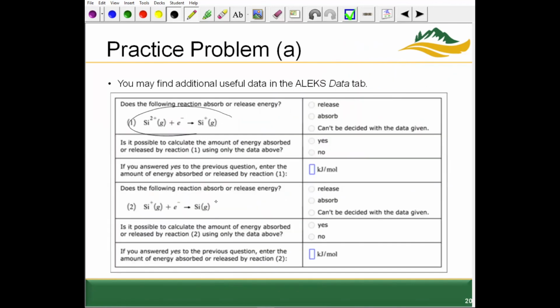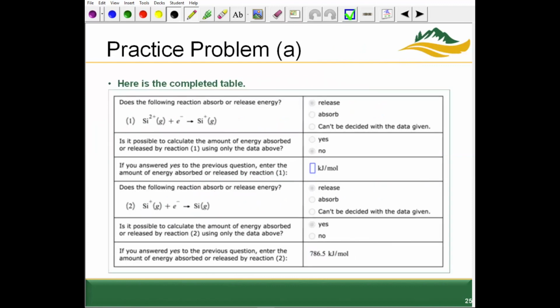Neither of these two reactions is showing that. This is Si2+ gaining back an electron to become Si+. This is Si+ gaining back an electron to become just neutral silicon. So here, release, no, because this was describing the reverse of the second ionization energy, and we weren't given any information about the second ionization energy of silicon.